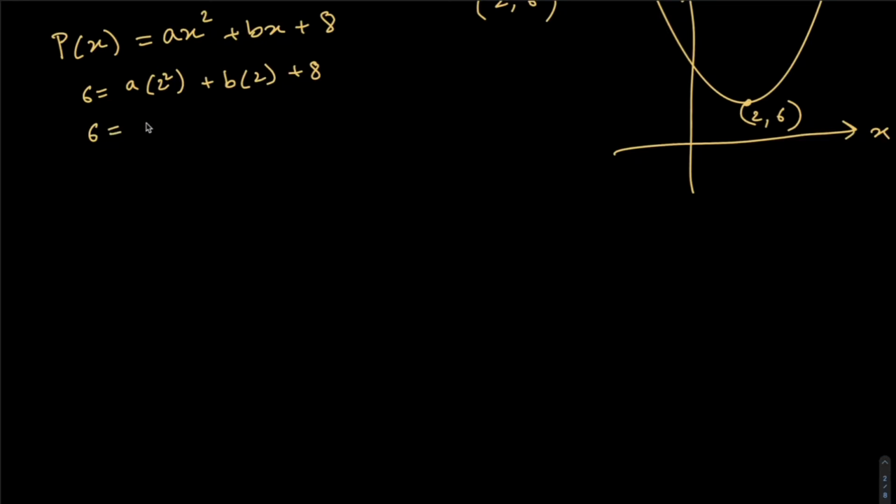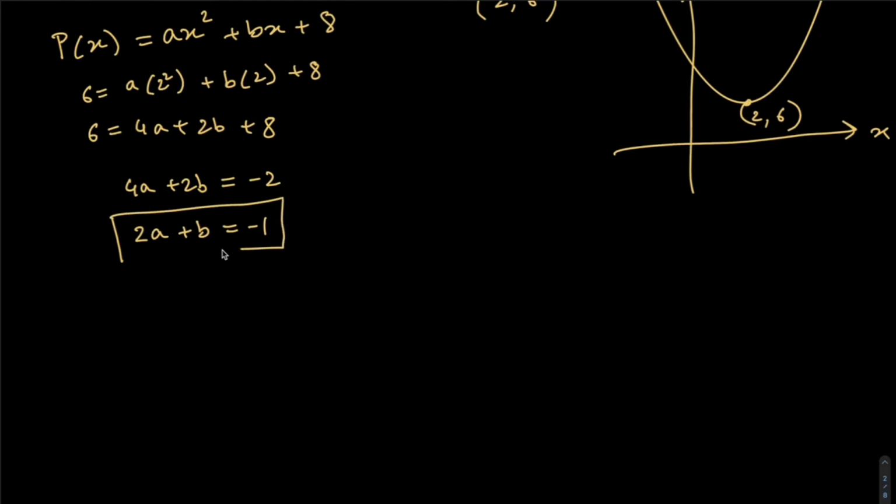So 6 is equal to 4a plus 2b plus 8. Simplifying, 4a plus 2b is equal to minus 2. Simplifying a bit more, 2a plus b is equal to minus 1. This is the simplified relation that I have.